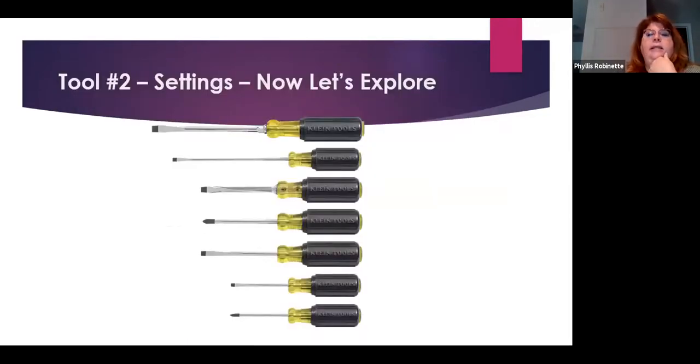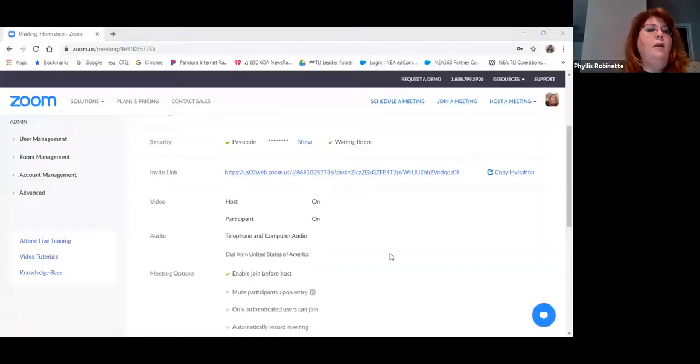All right, so let's explore more about settings when you're setting up your meeting. So I'm going to stop sharing this and go back into my Zoom. And we're going to talk about my account.